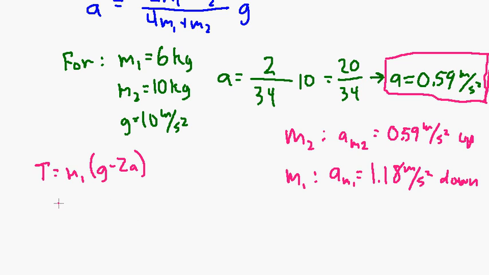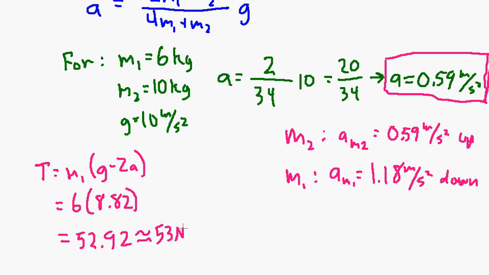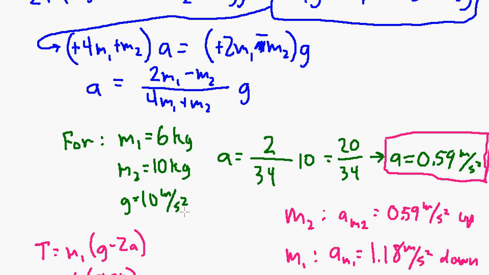So if G is 10, that's 6 times 10 minus 1.18, which is 8.82, so 6 times 8.82 equals 52.92. So about 53 newtons was the tension in the cable.